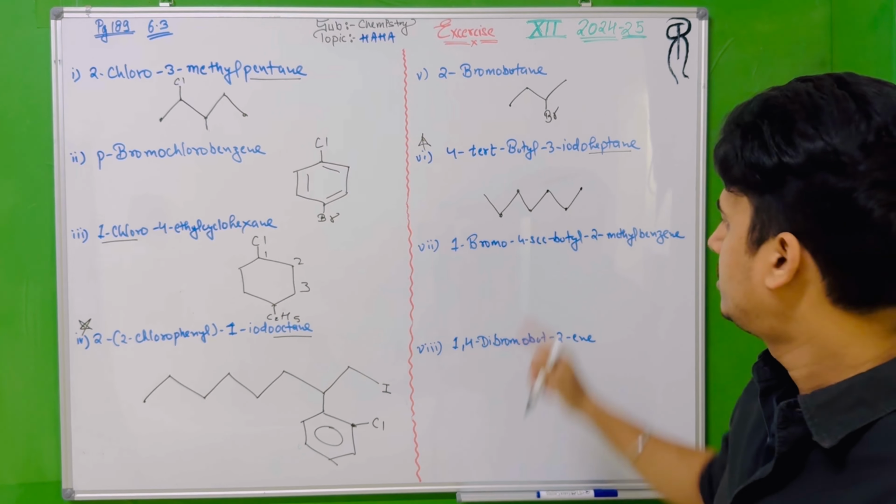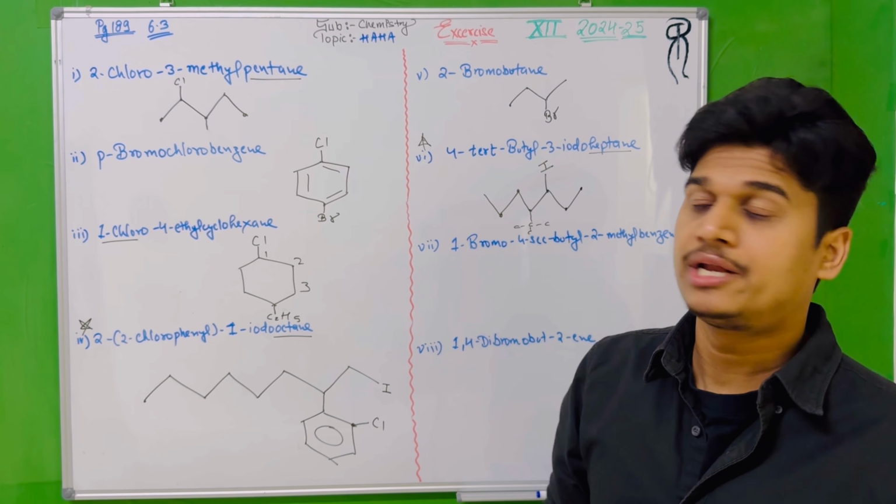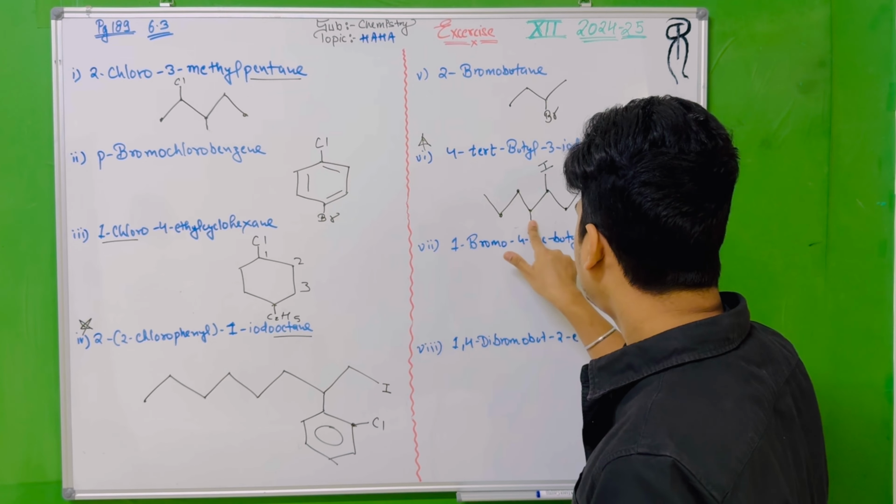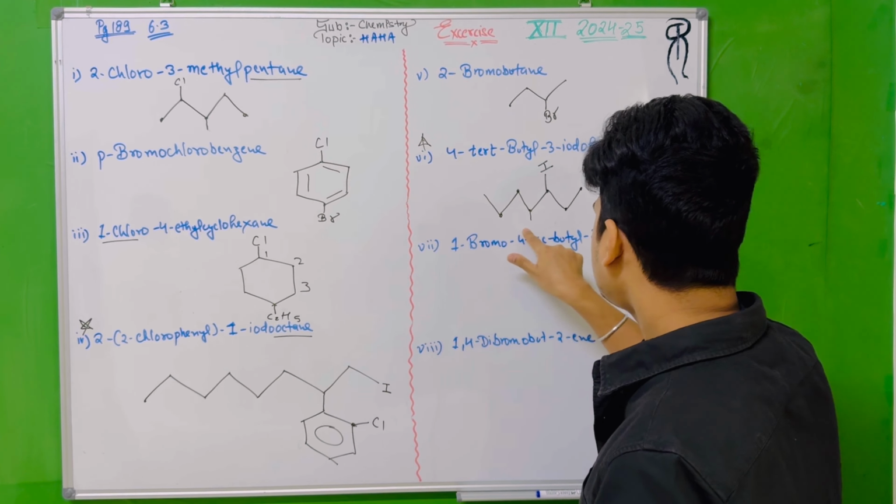So this is your iodine group over here. Now at the fourth position you have tertiary butyl. What is the meaning of tertiary butyl? That means there is a carbon which is 3 degree. So how can I draw it in bond line instead of showing the carbons? This is your first carbon, 1 carbon, 1 carbon, 1 carbon. Over. Draw it a little big, it will be easy for you.